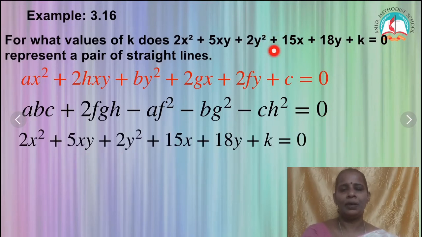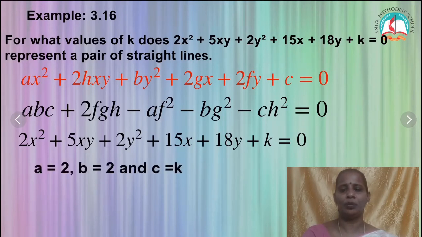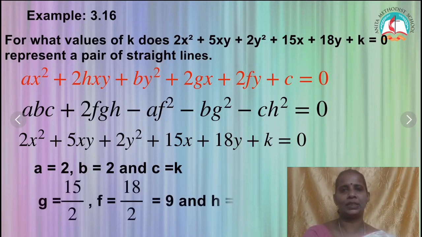Now compare this equation with the given equation in the problem. So now can you write the values for A, B, C? A is 2, B is 2 and C is equal to K. Now I am going to find the G value. What is the G value? Half of the x coefficient, which is 15 by 2. And F is what?